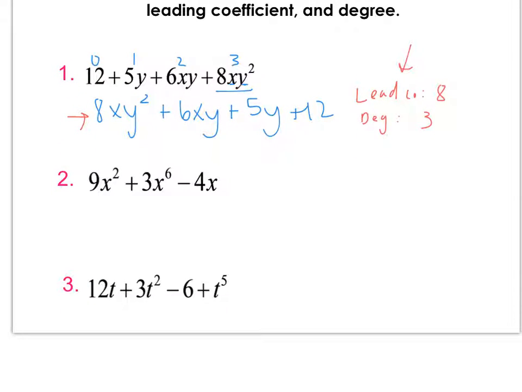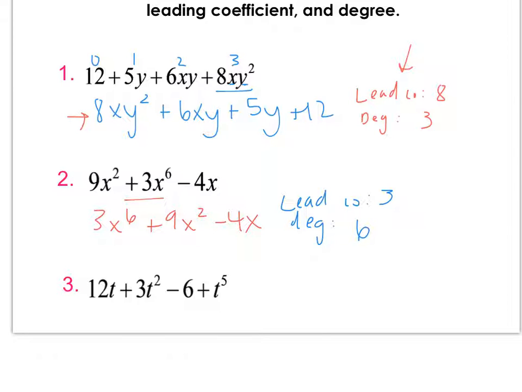Let's take a look at number 2. 9x squared plus 3x to the 6th minus 4x. Well, the 3x to the 6th would come first because that's the largest degree. Then 9x squared minus 4x. The leading coefficient, again, that is the first number in front, would be 3, and then the degree would be 6.